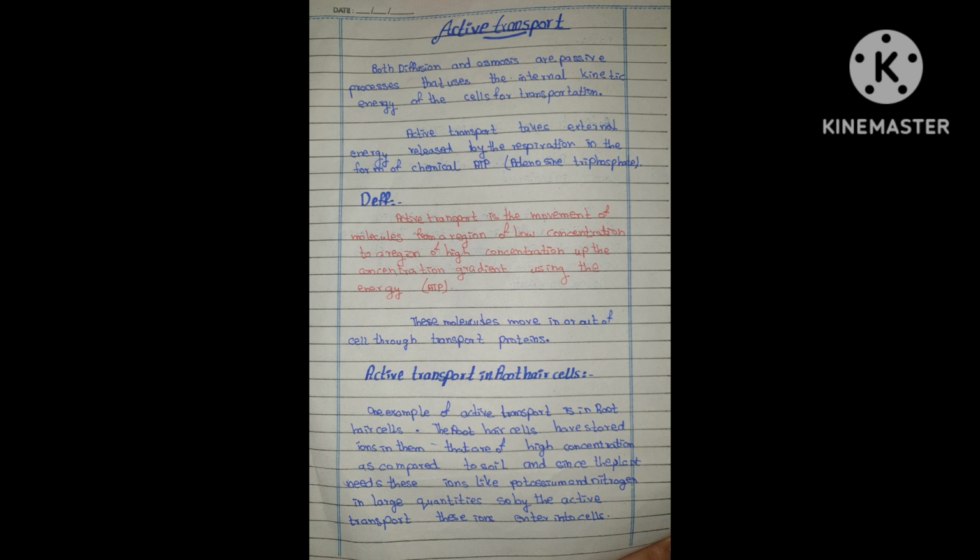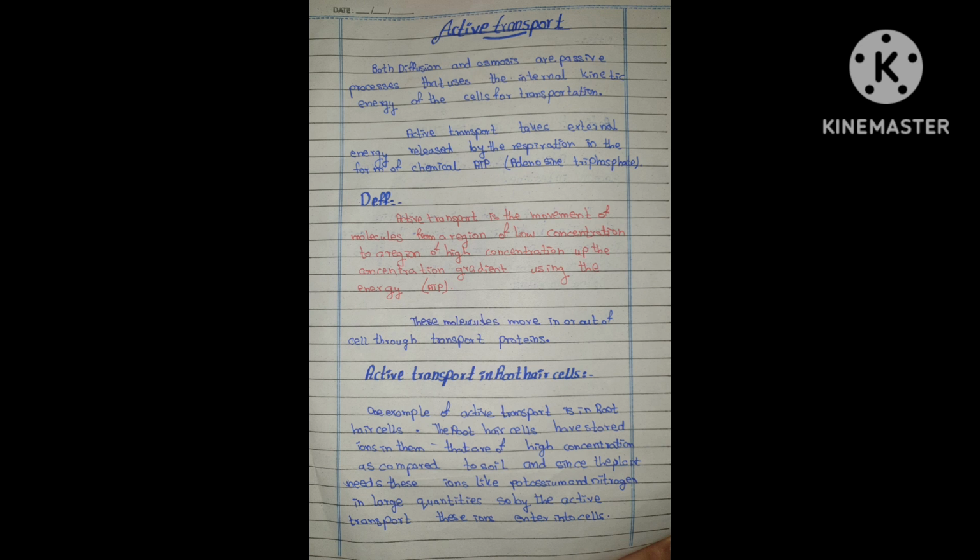The root hair cells have a sap vacuole in them, where ions are stored. As a result, there is a high concentration of ions in the root hair cells compared to the concentration of ions in the soil.